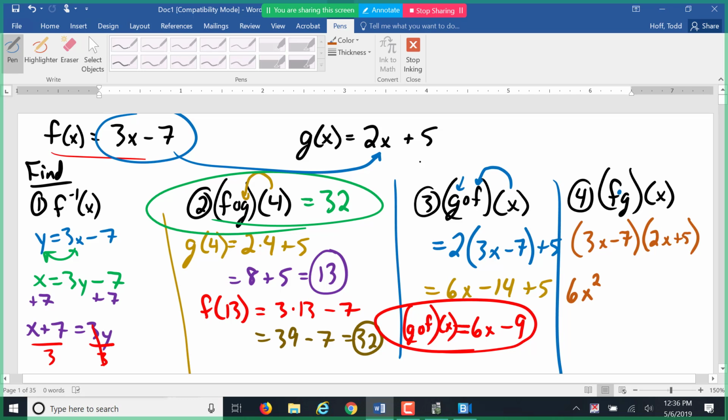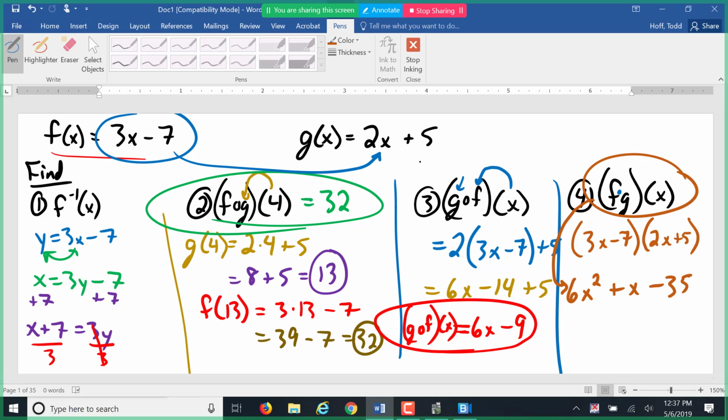Was that minus 14 plus 15? So plus x minus 35. So f times g of x is equal to 6x squared plus x minus 35. Any questions on that? Or any questions on any of the homework from last week?